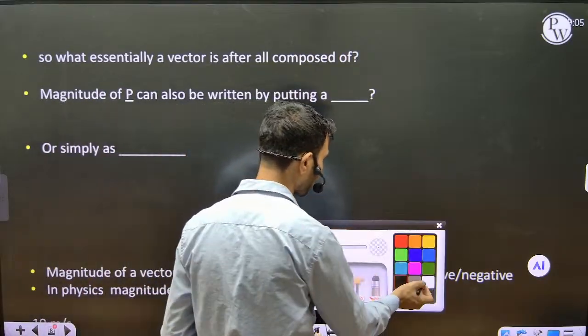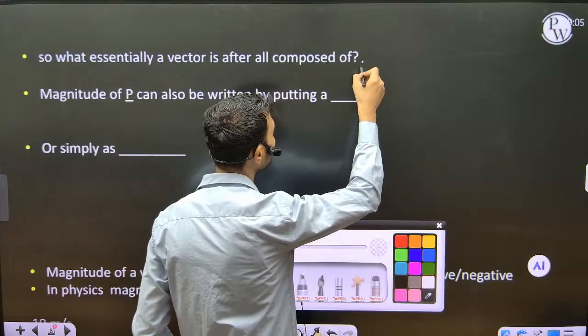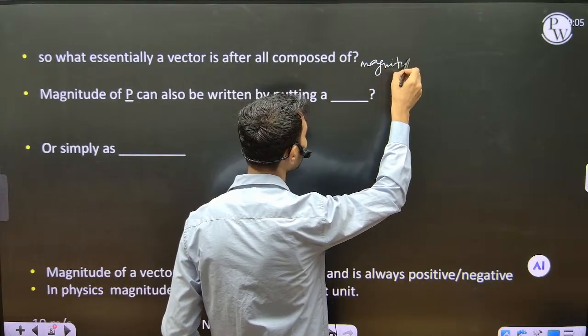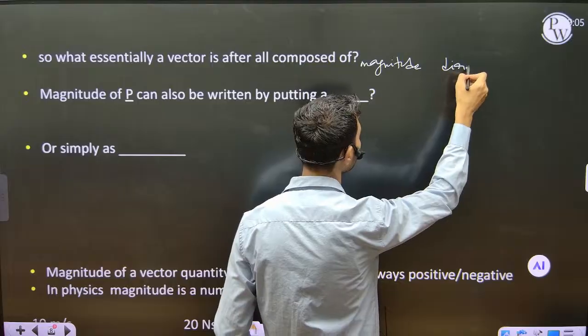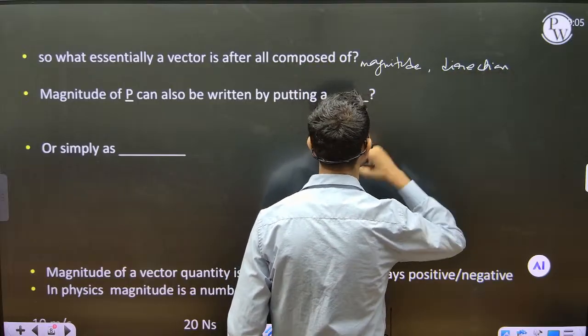So, vector is composed of two things. One is magnitude, and the other is direction.